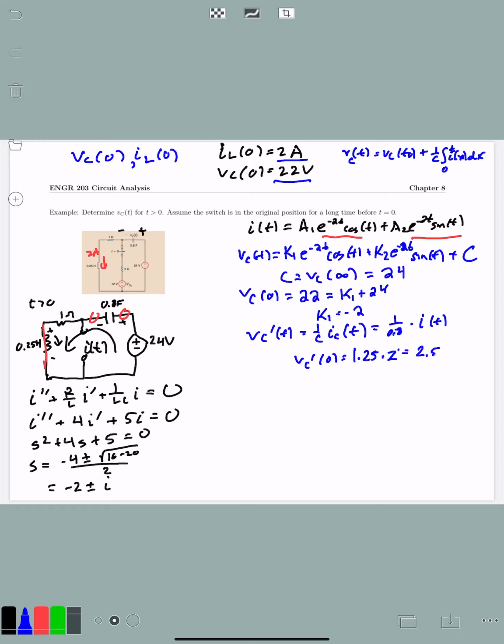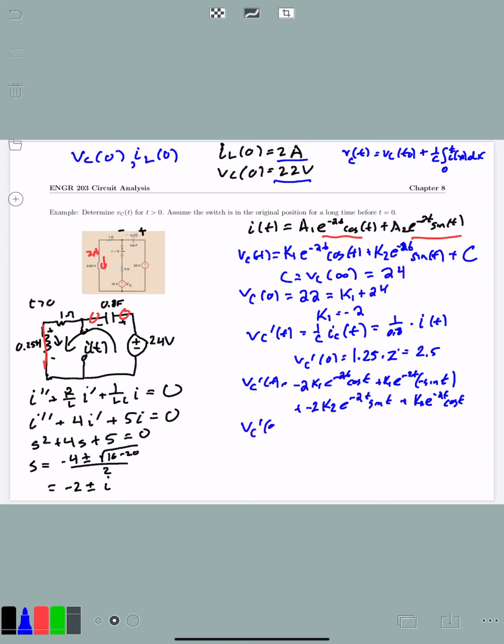And then we actually can take the derivative. It's going to be a pain, I know. Using the product rule a bunch here. Let's see. Negative 2 k1 e to the negative 2t cosine t plus k1 e to the negative 2t times negative sine t plus negative 2 k2 e to the negative 2t sine t plus k2 e to the negative 2t cosine t, and the c goes away.